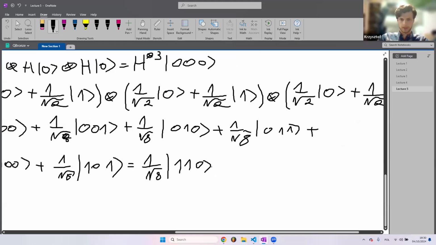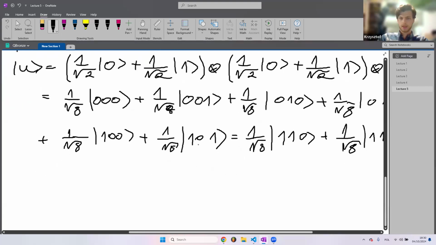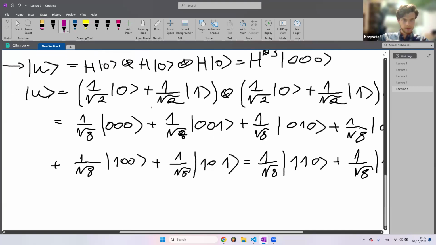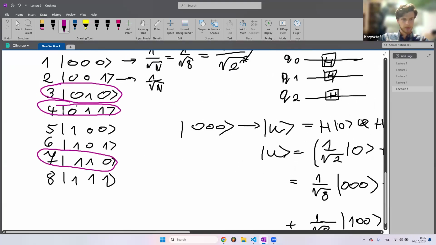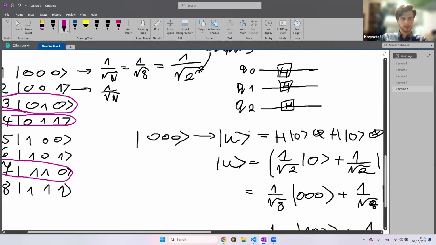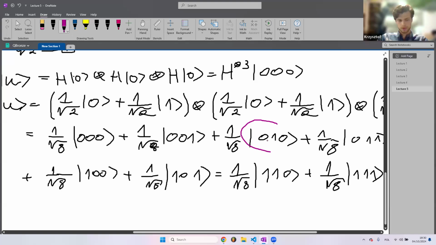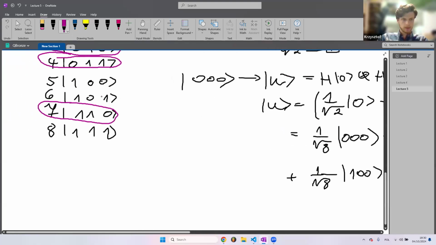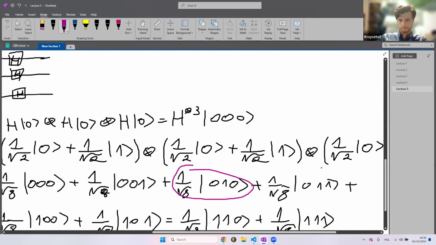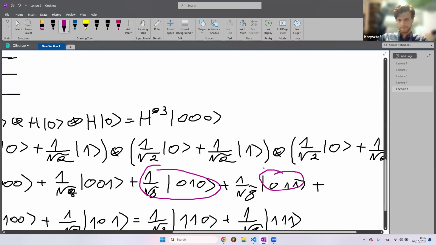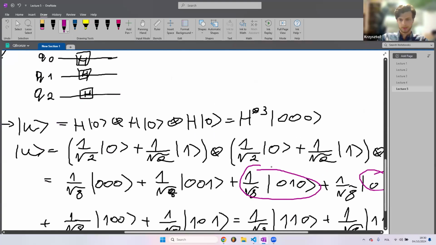And the last term is 1 over square root of 8, 1, 1, 1. Now let's once again label our marked elements, which are 0, 1, 0, 0, 1, 1, and 1, 1, 0.